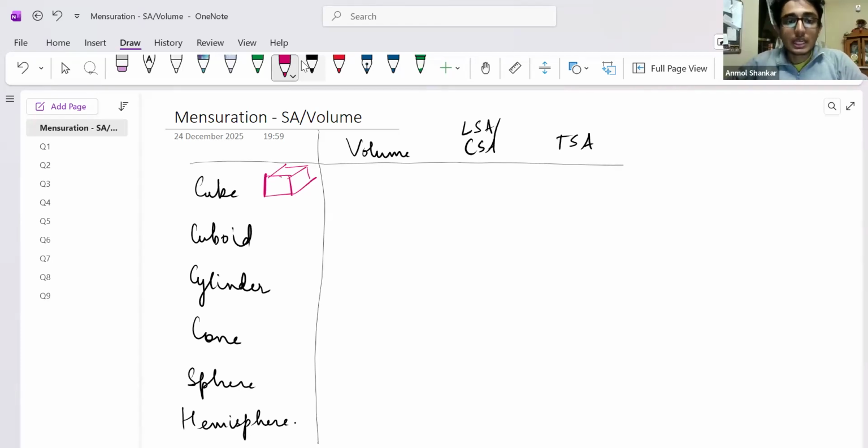So the side length is s, and what is the volume? Now you should know.